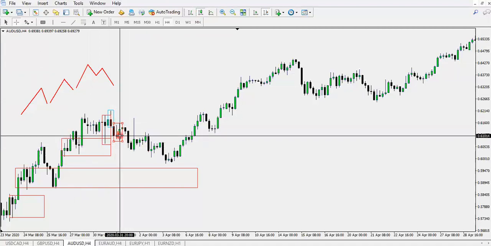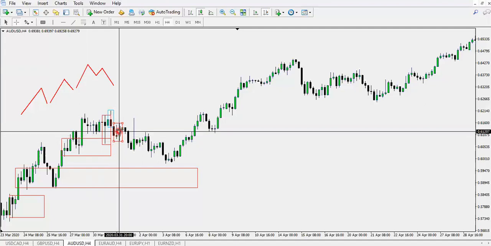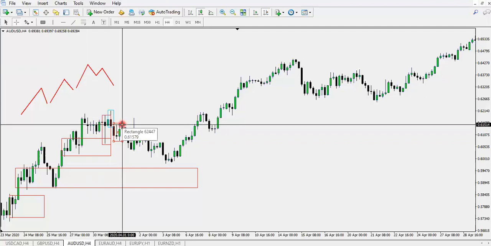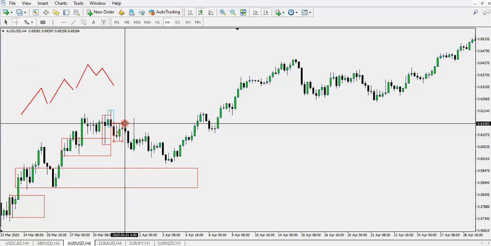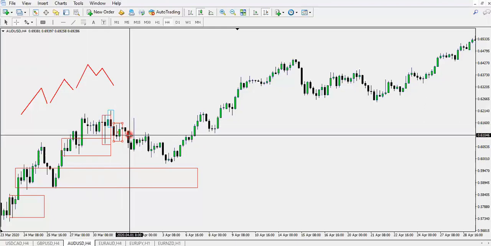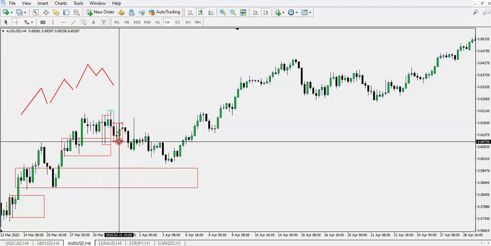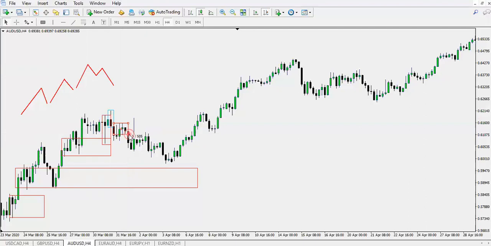We had created this order block over here, and you can say that this was a very narrow forming order block, and it failed to create any new higher highs. So in fact, price then continued downwards instead of continuing upwards. So that order block then created this bearish order block right over there.